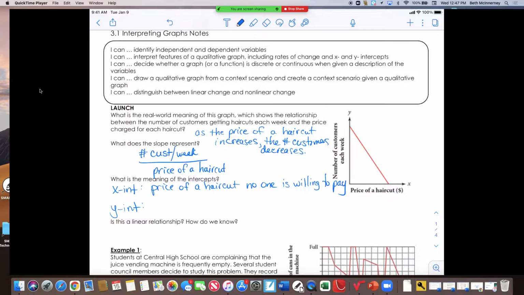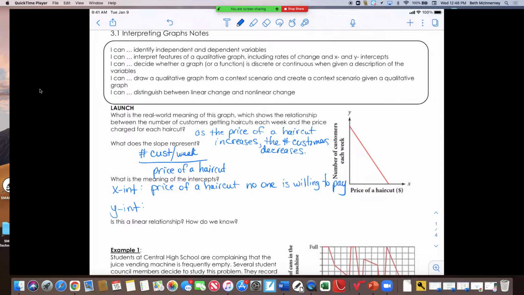All right, then there's always on a graph an x-intercept and a y-intercept, which you learned in Algebra 1. So what would the y-intercept represent? Yeah, Charlotte. The most customers, and then what's the price there? 0.